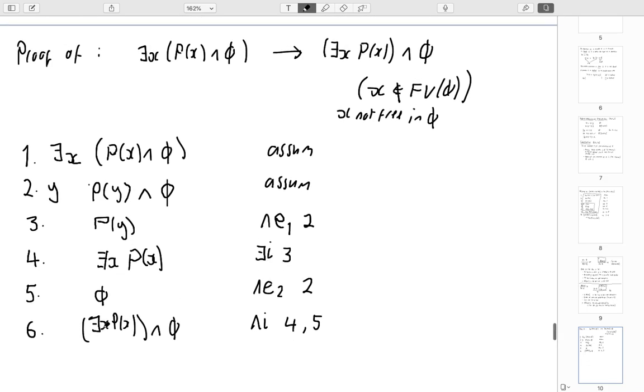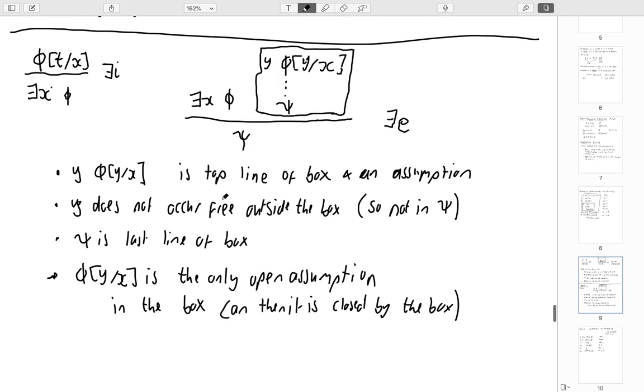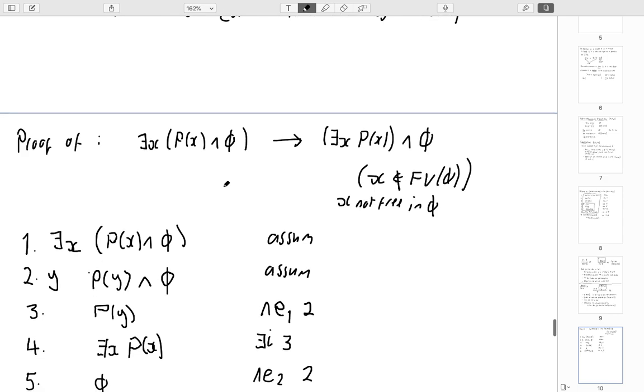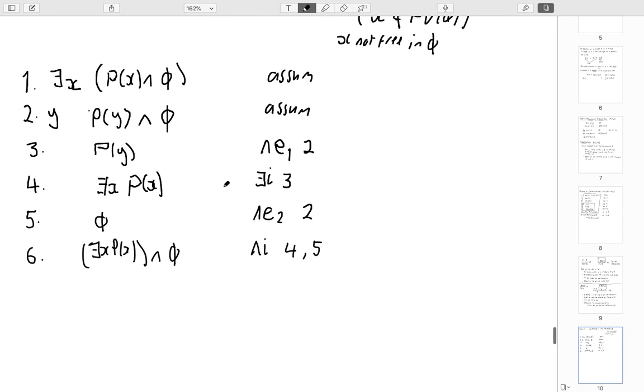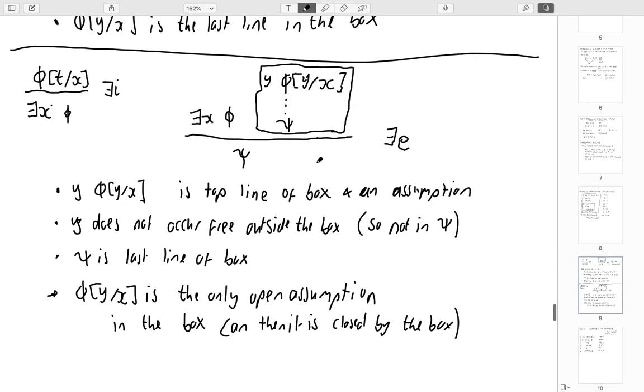So this is the formula psi in the exists elimination rule, which if we look at it, so the formula psi here, once we show that holds from this assumption, we can discharge that assumption, closing it in a box, and also closing off the variable y for the arbitrary value. And then the conclusion of the exists elimination is again the same formula psi.